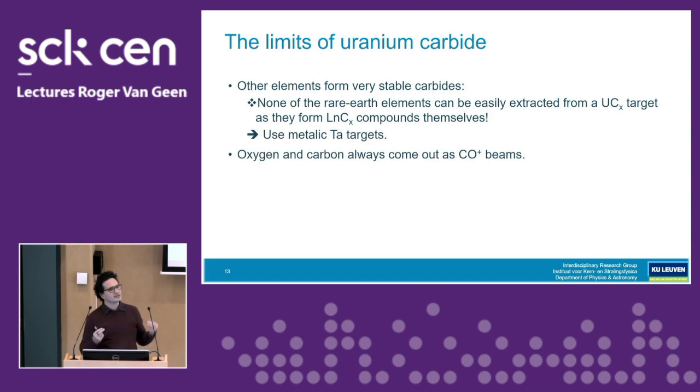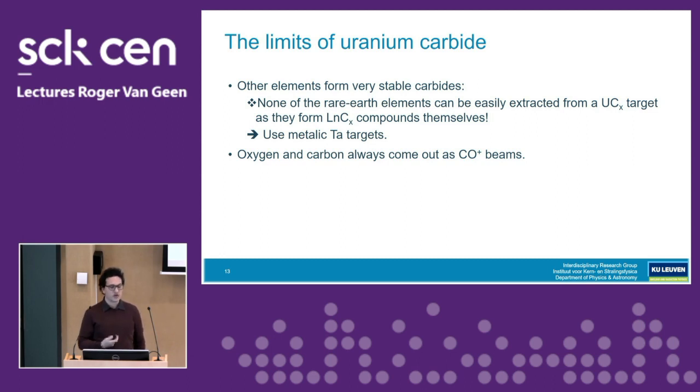But it means that if your target is maintaining its integrity as uranium carbide, all the rare earth elements will stay in that same material as very stable carbides. So there is no way you can actually efficiently extract those rare earth elements. And if you look at how all the rare earth investigations and studies have been performed, they're always done from metallic tantalum targets because of how hard it is to get them out of a carbide material.